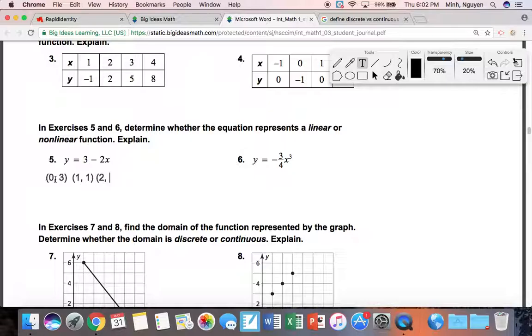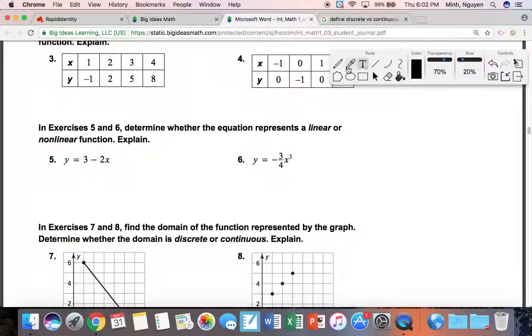And lastly 2: 2 times 2 is 4, so 3 minus 4 is negative 1. Our x's are increasing by 1, 0 to 1, 1 to 2, and our y's are decreasing by 2. As long as they're the same across, then we're good. This is the same as that, and up here you add 1, you add 1, that is the same. It's all good.